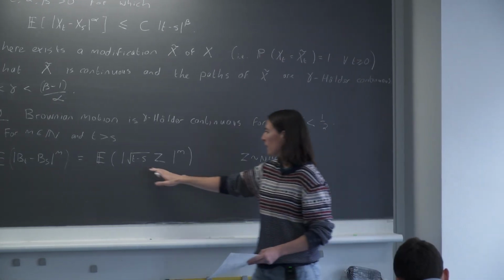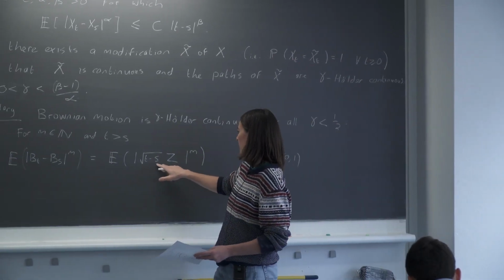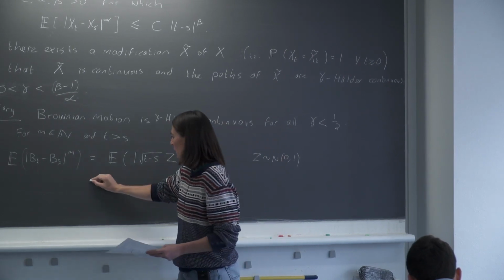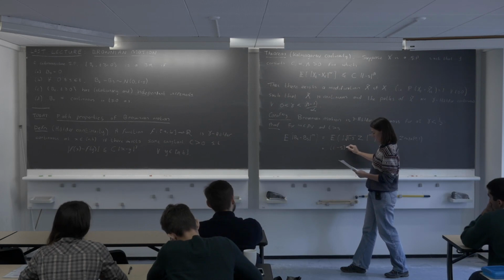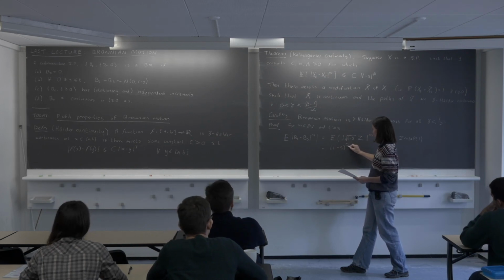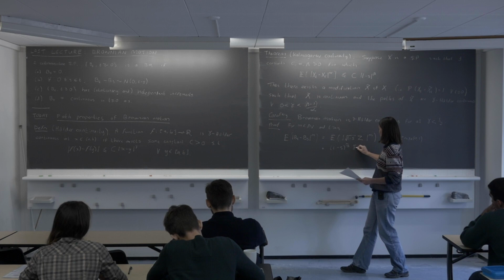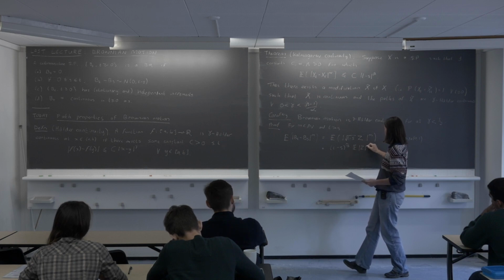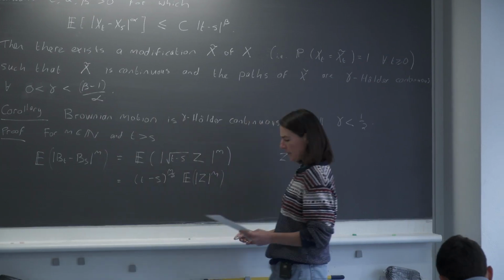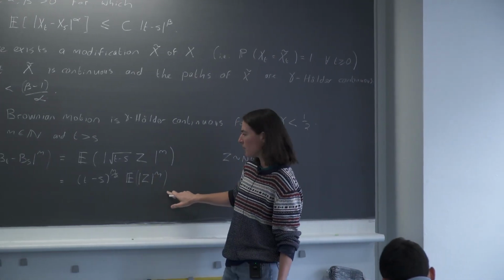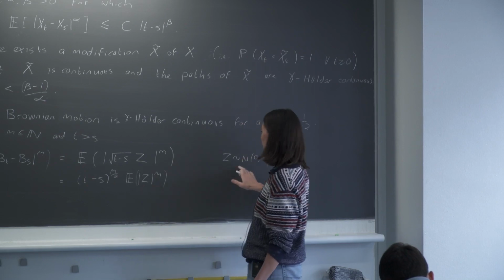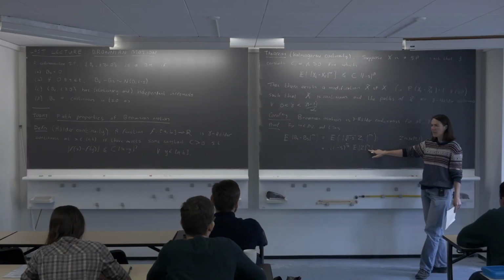Well, we can just pull out the square root of t minus s to the power of m, because that's just a constant. And so this is equal to t minus s to the power of m over 2, times the expected value of Z to the m. And this is just a constant, right? This is just take some normal random variable and do this computation.